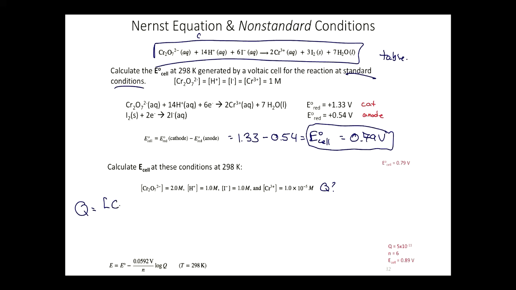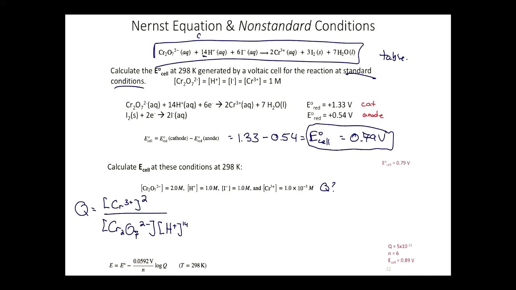So it's simply going to be the chromium 3+ concentration squared. Nothing else, because everything else is a solid or a liquid on the product side. Then over the reactants, the dichromate concentration to the 1, the H+ concentration, yikes, to the 14th power.